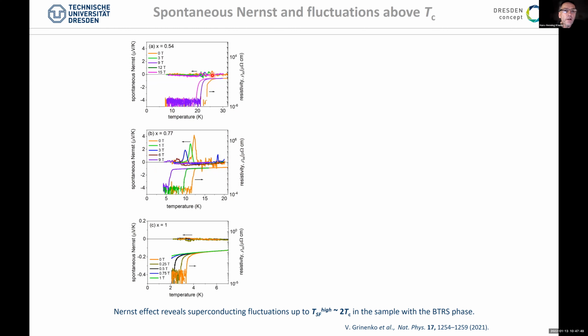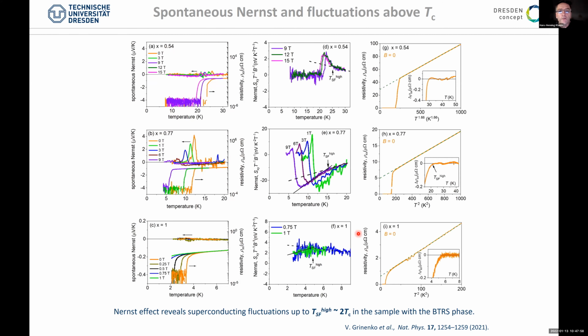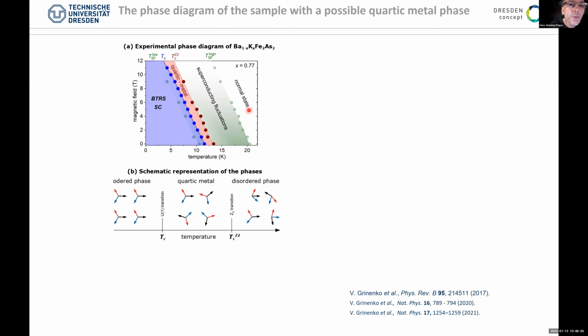And this is not there at other dopings. Some fluctuations at lower dopings, but clearly not there at higher dopings. And we'll not discuss the other results. If we put together this into a phase diagram for one material, now temperature and magnetic field, we identify a clear appearance of stability of this new phase, which we call quartic metal, between the superconducting state and this second transition, which we call TZ2.